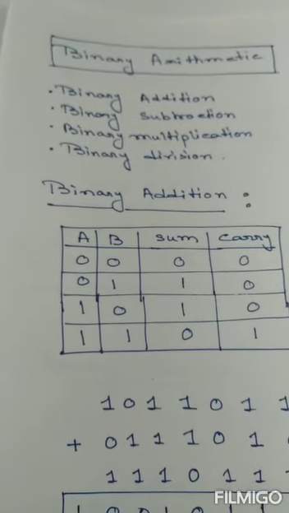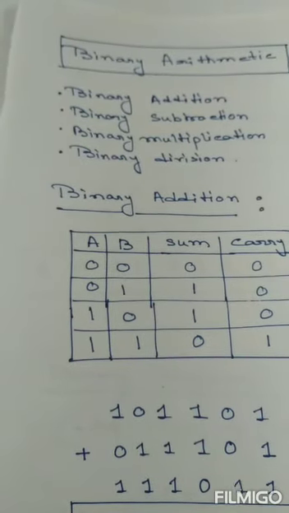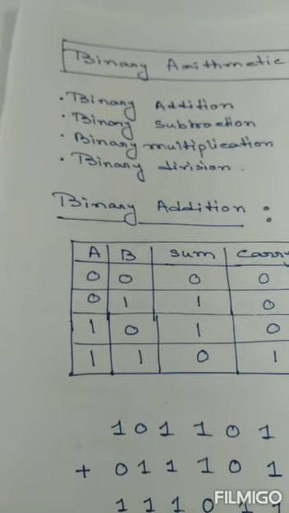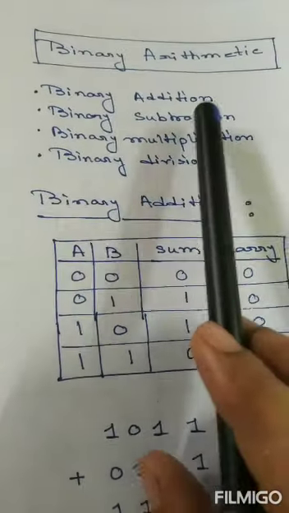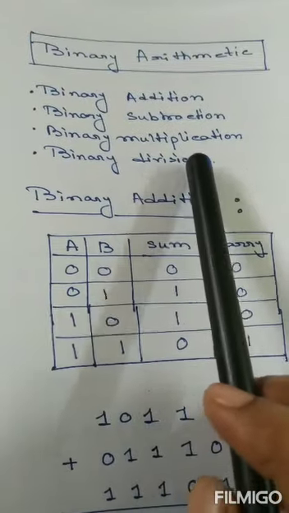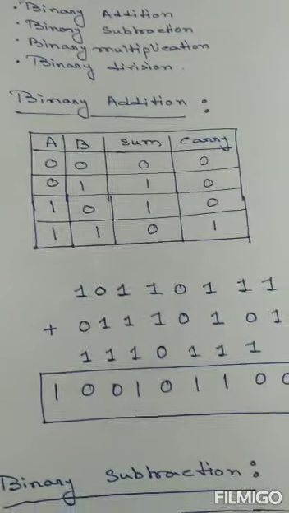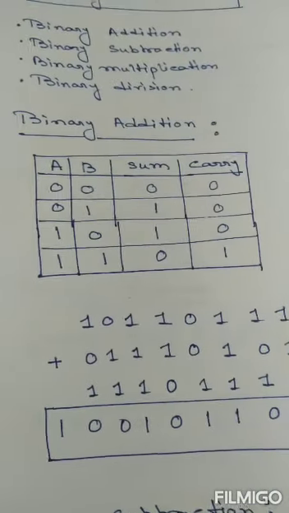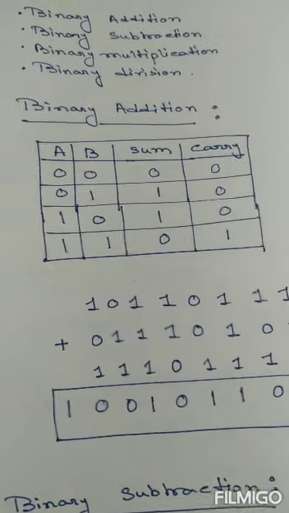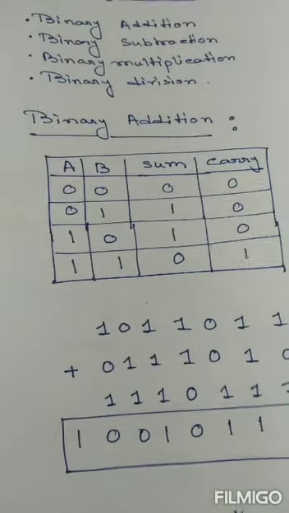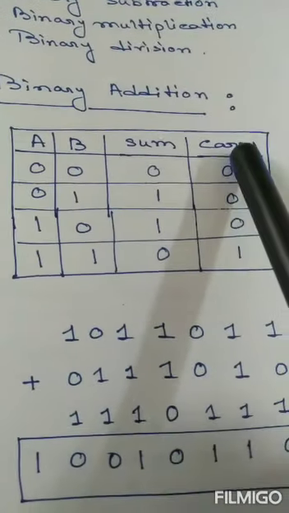To learn the basic circuits of a digital system, it is necessary to study the binary arithmetic operations such as binary addition, binary subtraction, binary multiplication, and binary division. So first comes binary addition. We take the example of 2-bit binary addition. Suppose A and B are the 2 inputs and sum and carry are the outputs.